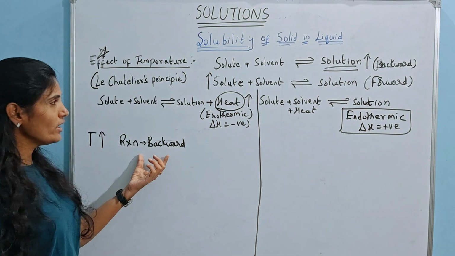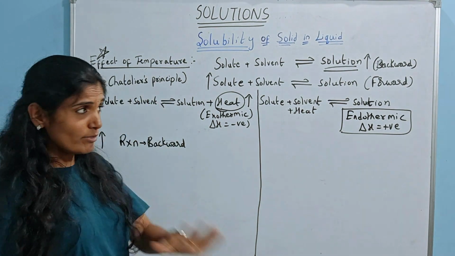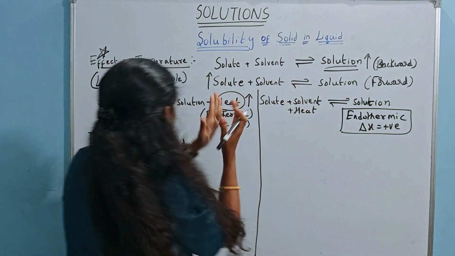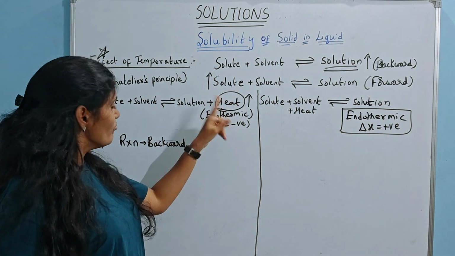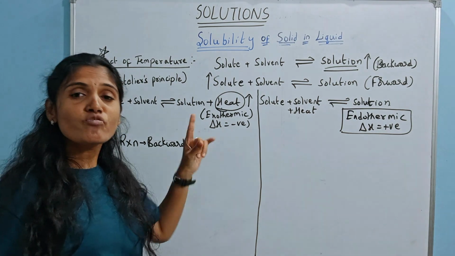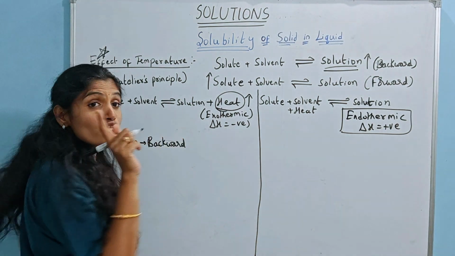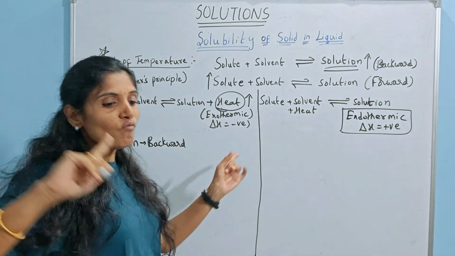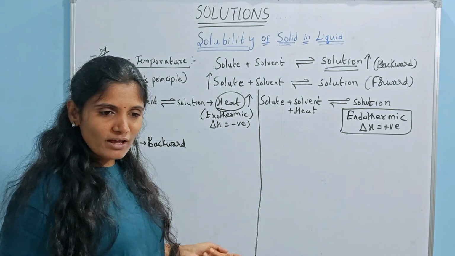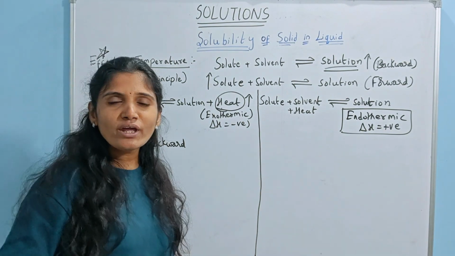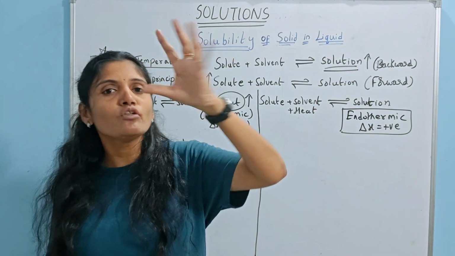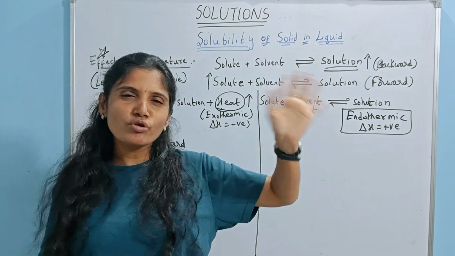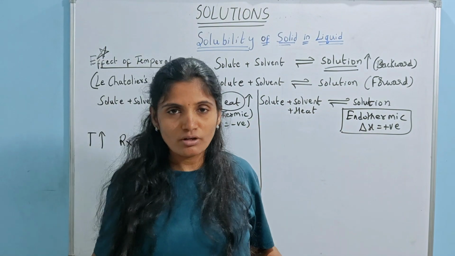Now when the reaction is going in the backward direction, you tell me, forward is dissolution, backward is crystallization. So when the reaction is going backward, which process is taking place? Crystallization is taking place. Getting soluble means solute going into the solvent and solution concentration increasing, which is dissolution.